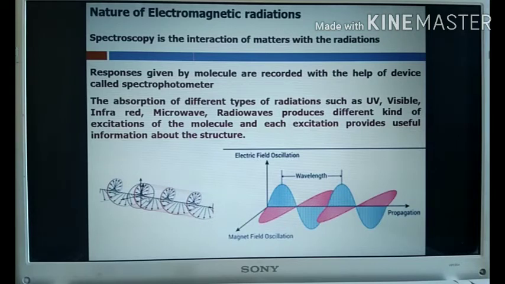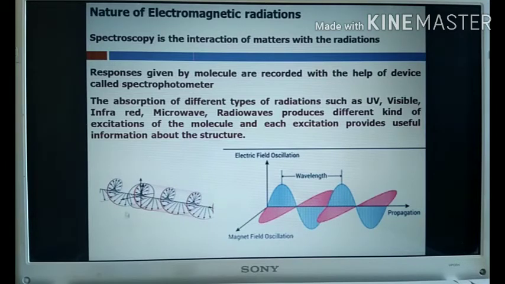This is the direction of propagation of light, or the direction of light. Now the perpendicular portions: this blue colored portion is the electric field, isn't it?